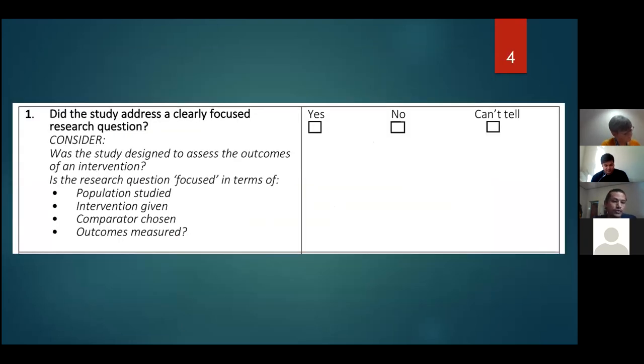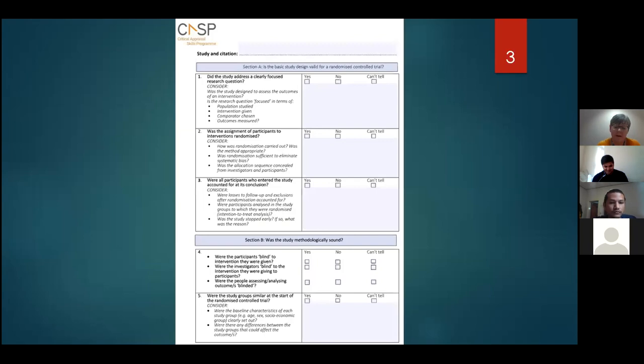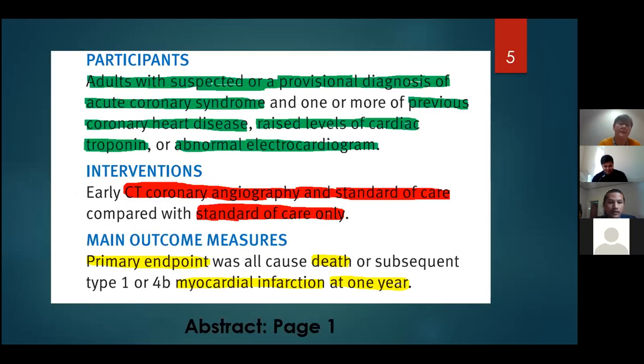For the comparator chosen, honestly, I was not able to find it, so maybe Sarah can shed some light on this later. You've already actually outlined it. The intervention is early CT coronary angiography and standard of care, and the comparator is just standard of care. That's it. You got it. All right. Thank you so much for that, Sarah.